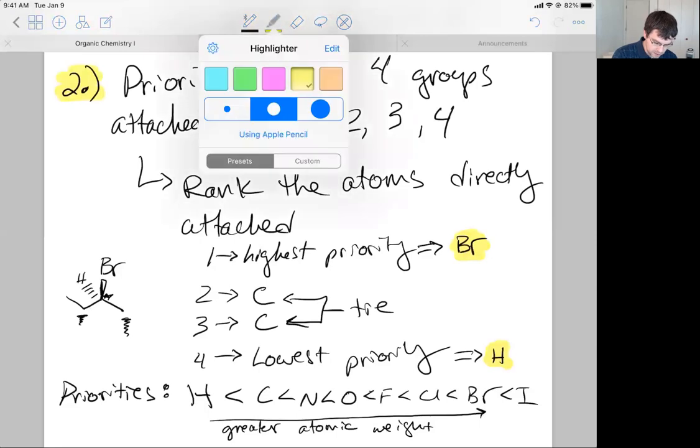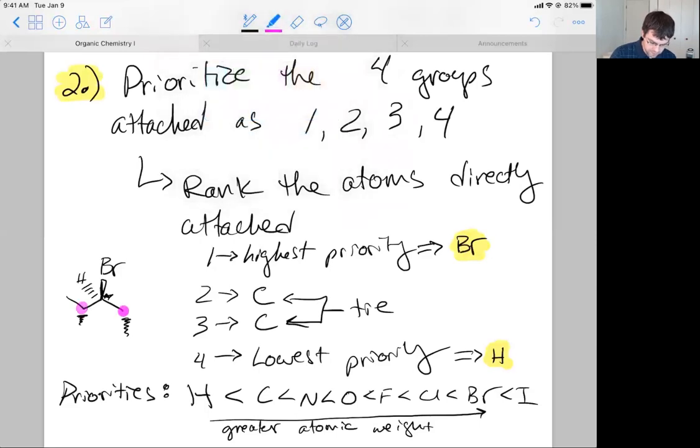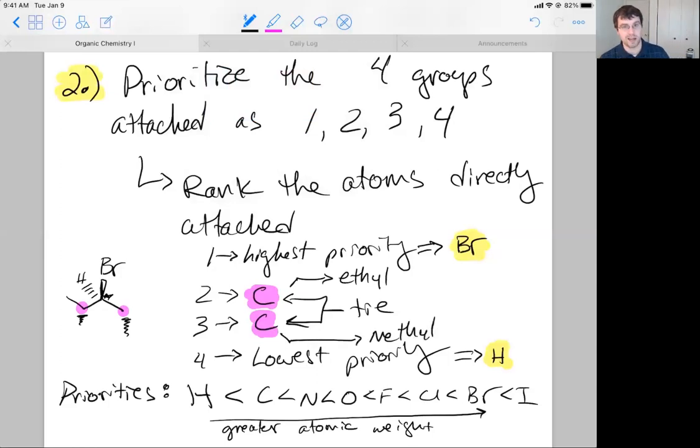Maybe I'll highlight those in a separate color so you can see them. So 2 of our groups that are attached, they're different. One's a CH3 and one's an ethyl group, so a methyl group and an ethyl group. And what we'll see is in this particular case, the ethyl group is a higher priority than the methyl group. So methyl group gets 3, ethyl group gets 2.